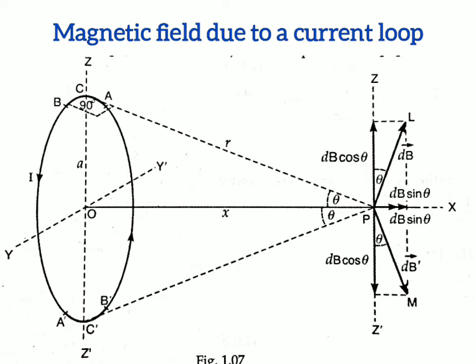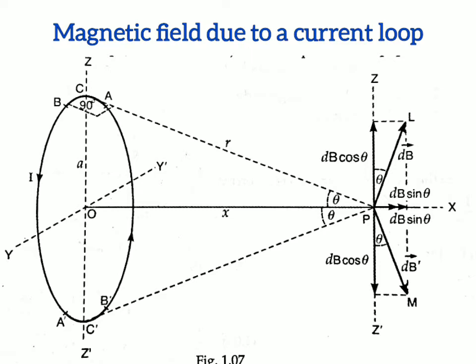So we have two magnetic fields, dB and dB dash. Now we'll have to resolve these two into two components, the cosine and the sine component. As you can see in the diagram, for the dB vector, one component is along the z-axis and another is along the x-axis.